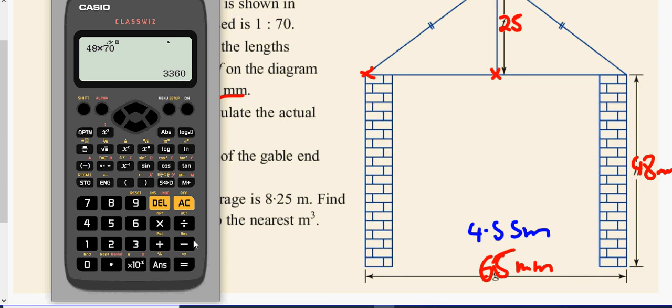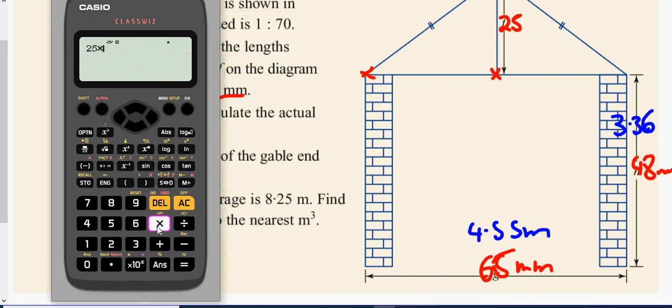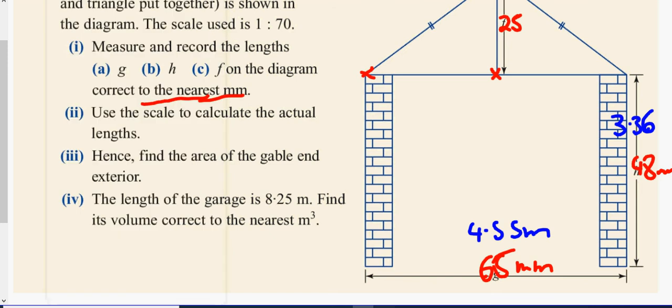And then divided by 1,000, and we get 3.36 meters. I'm happy with that. You'll probably find we all have the same answers now. The 25 multiplied by 70 divided by 1,000 gives you 1.75. Alright, so we have our new measurements, which is great.